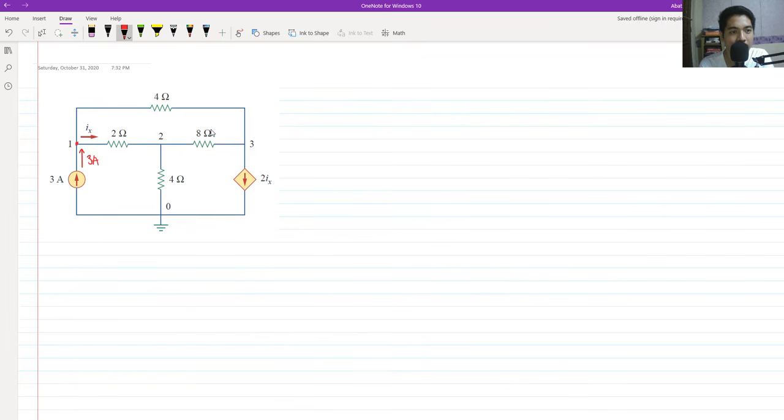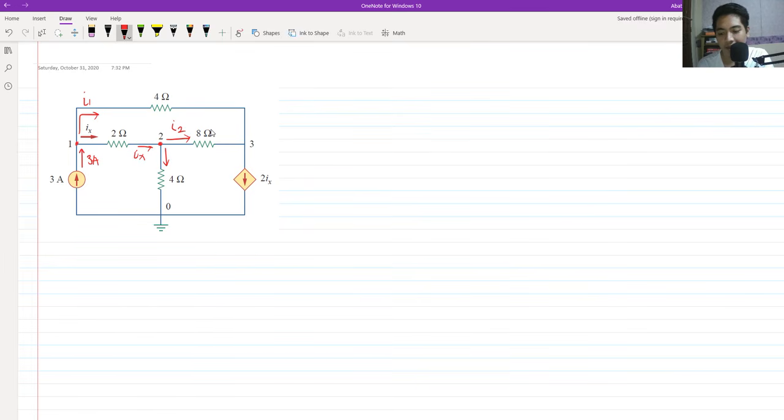Of course, if 3 amperes enters a node and I sub x leaves the node, there will be a current in the 4 ohms, and that is what we call I sub 1. This is still I sub x entering node 2, and from 2 to 3 we have a current I sub 2.